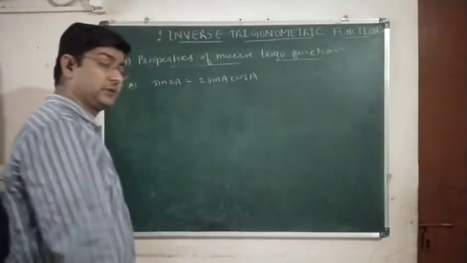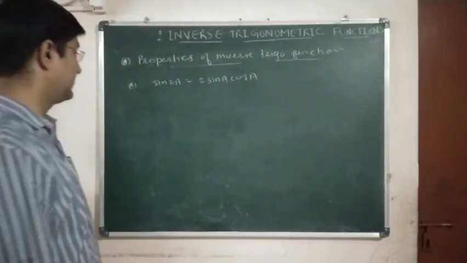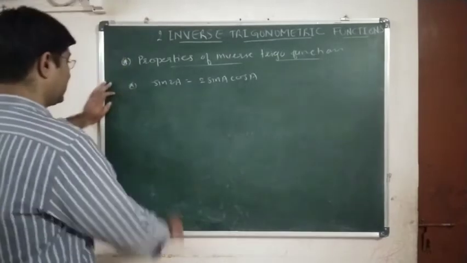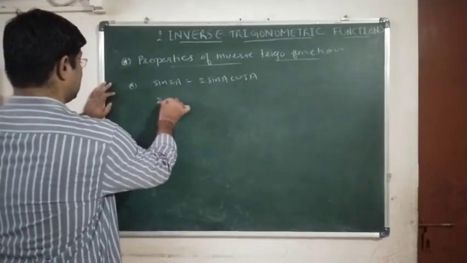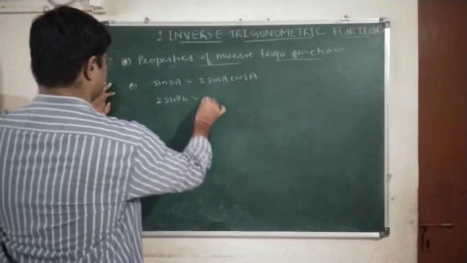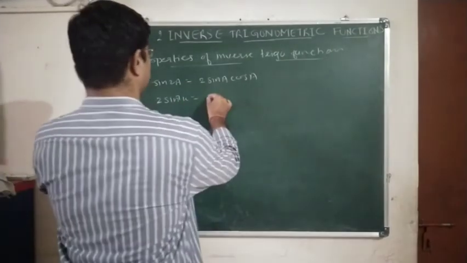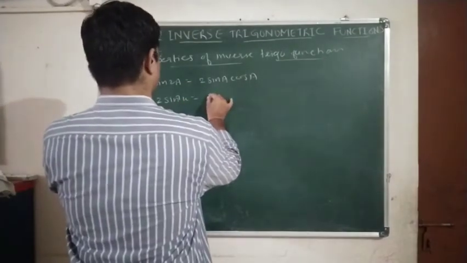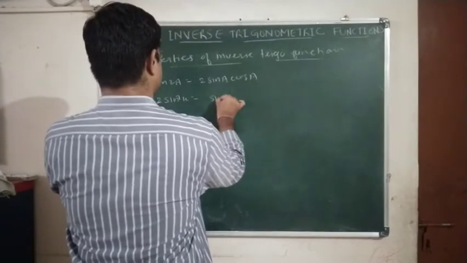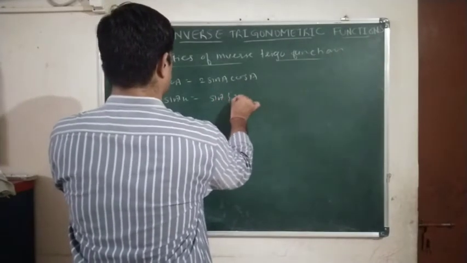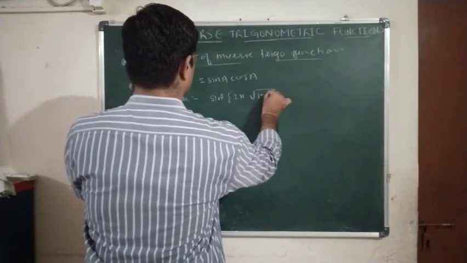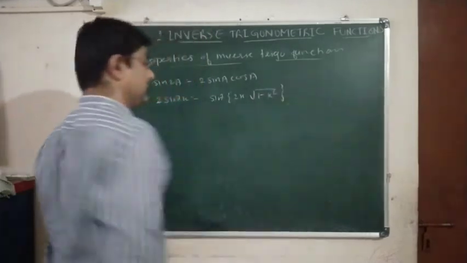So on the basis of this formula we can derive a property: 2 sin inverse x is equal to sin inverse of 2x into square root of 1 minus x square.